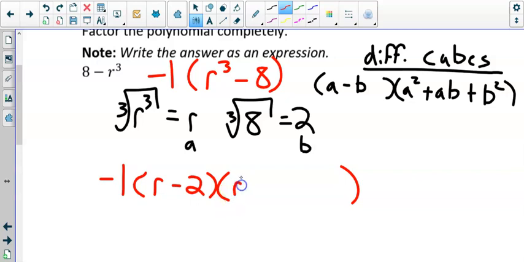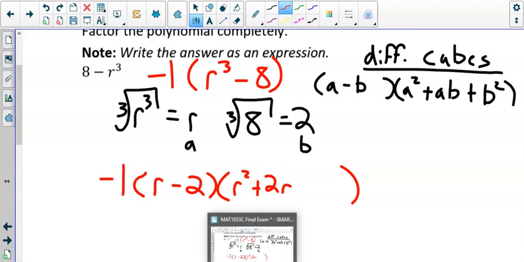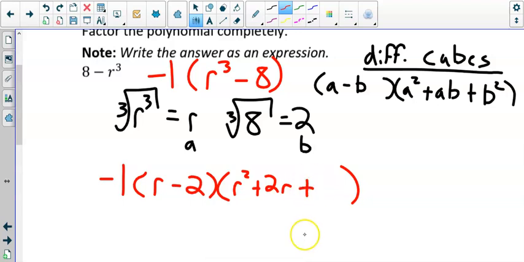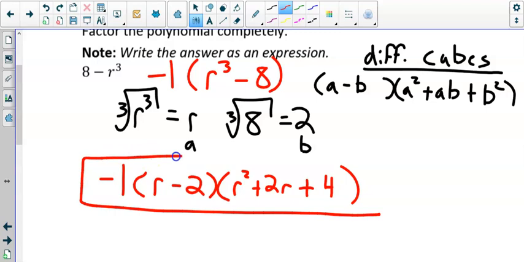So r squared plus r times 2, which is 2r, plus 4, because 2 squared is 4. That is what they're going to be looking for.